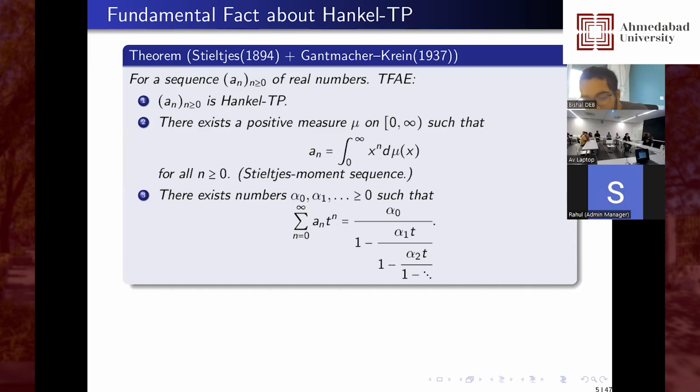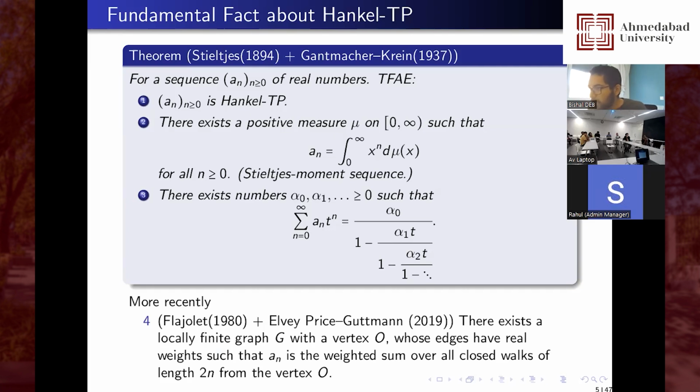Yes. In this fourth equivalence, a_n could be an infinite sum also, right? No. There are only finitely many. If you have a locally finite graph, you'll have finitely many walks of a given length.